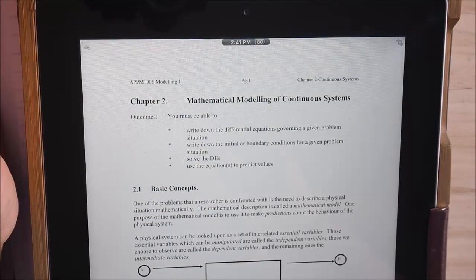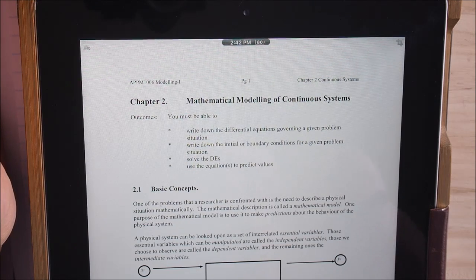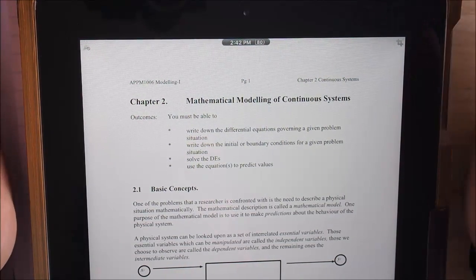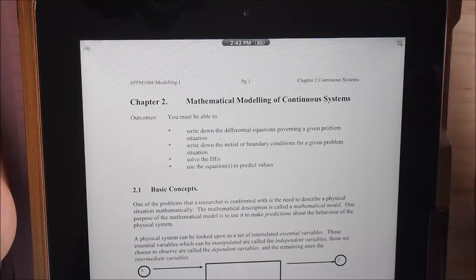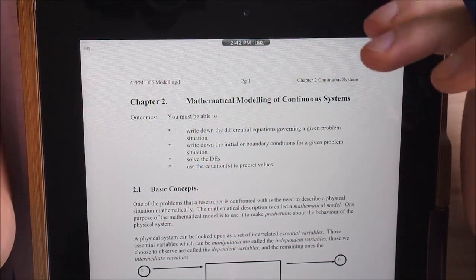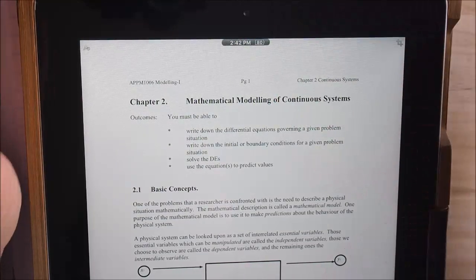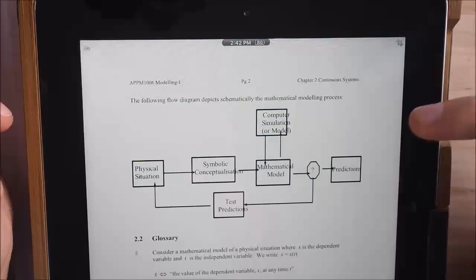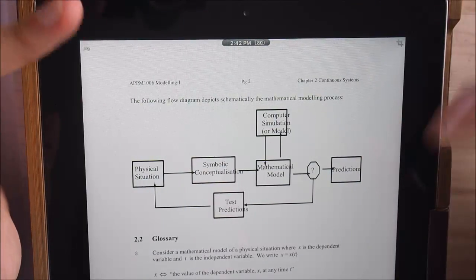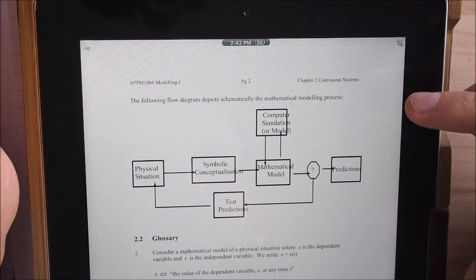So, for example, if you have a pendulum system, the question is, under what conditions will the behavior of the pendulum change? So will it change if I drop the pendulum from a large height or from a low height, that kind of thing. In any case, read through the basic concepts and essentially it'll give you an idea of the mathematical modeling process.